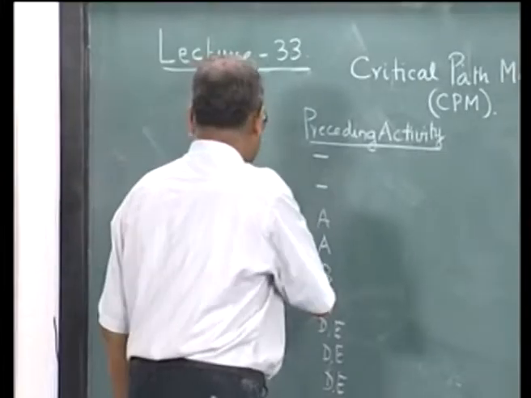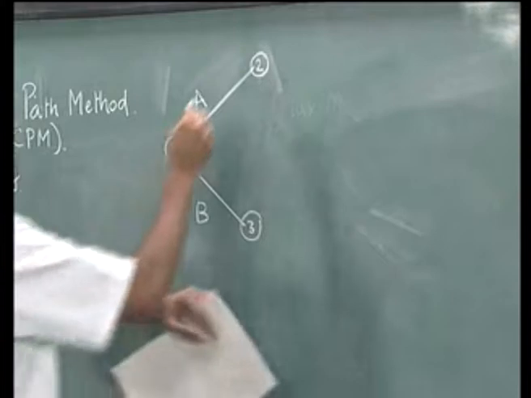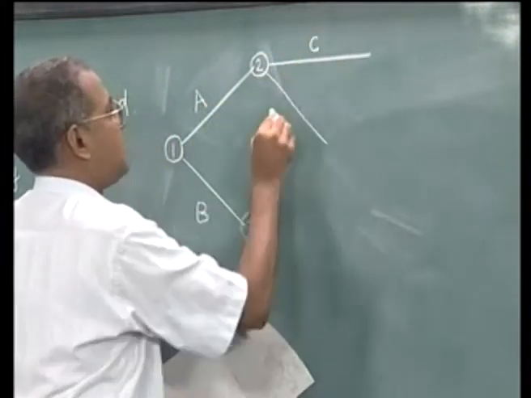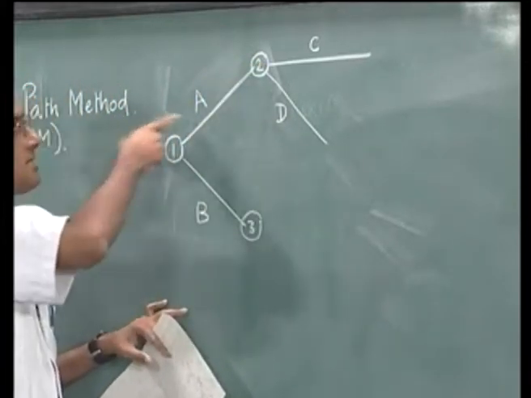Now, we say that C and D can start only after A is completed. So, we are going to do C and D. So, this is called C, this is called D. Now, this point indicates that A is completed.